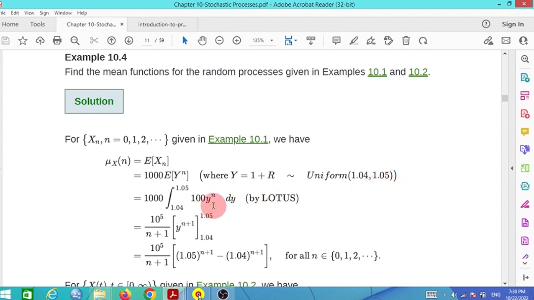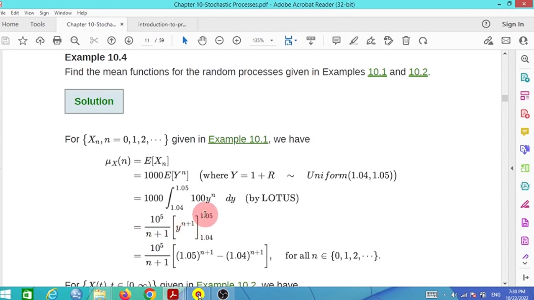So we multiply Y to the power n multiplied by the density function. Take the integral of this, okay, this.